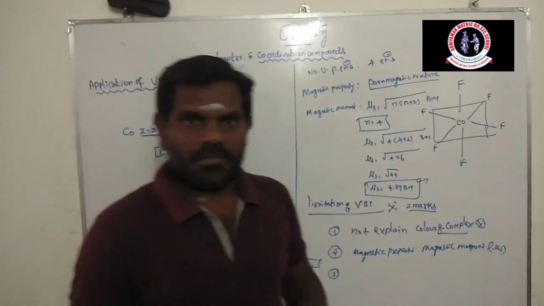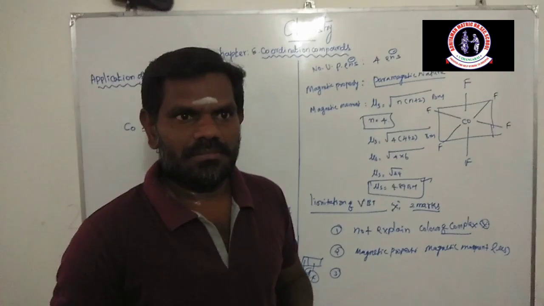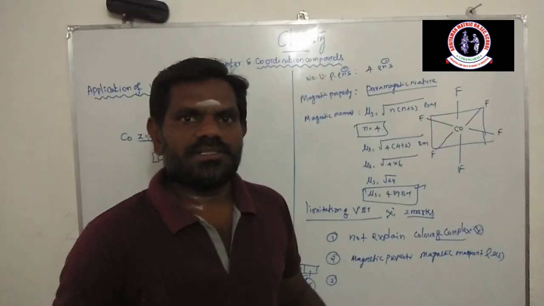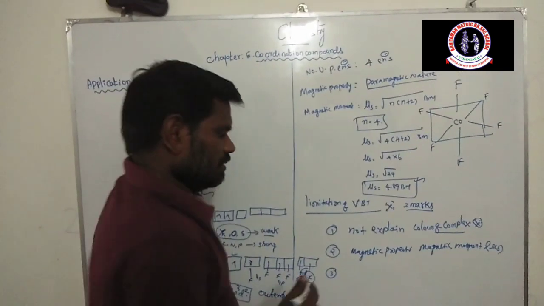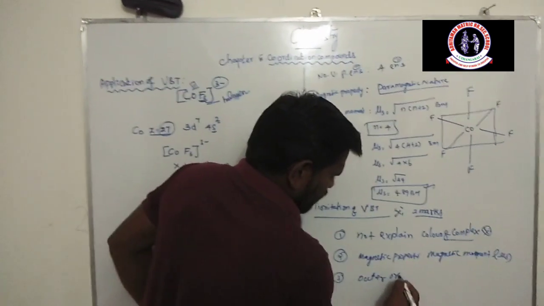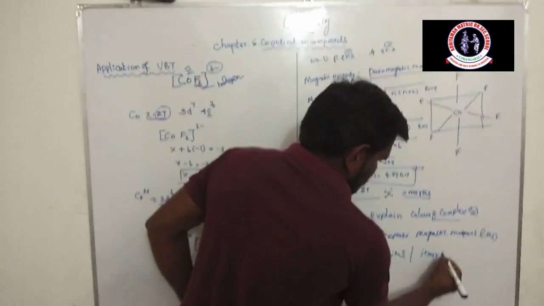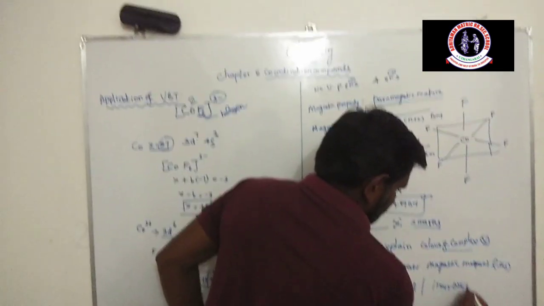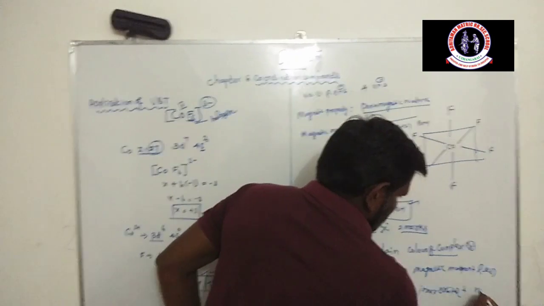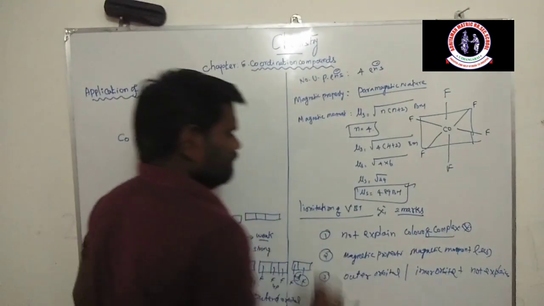And the third point is a very important one. It says some complexes with the same central metal atom sometimes act as an outer orbital complex, sometimes as an inner orbital complex, which is not explained in VBT.